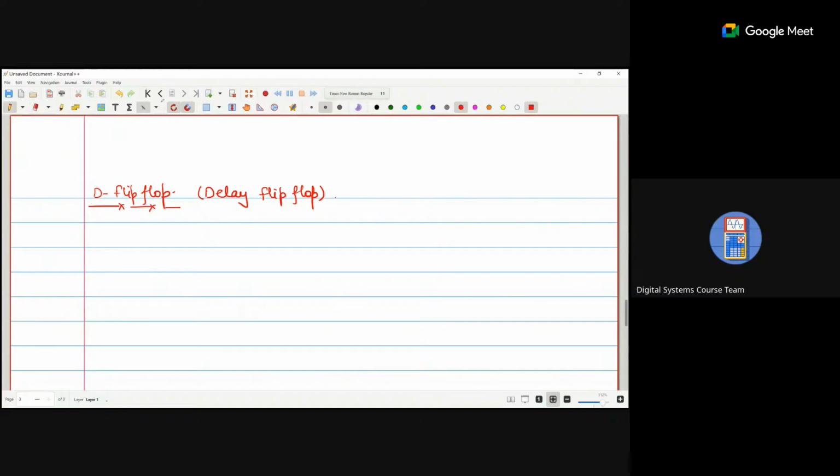One more thing is that when we study about the flip flops, we have three different tables. Can anyone tell me the names of the three tables? Generally, if we have a flip flop, we require three different tables for that.